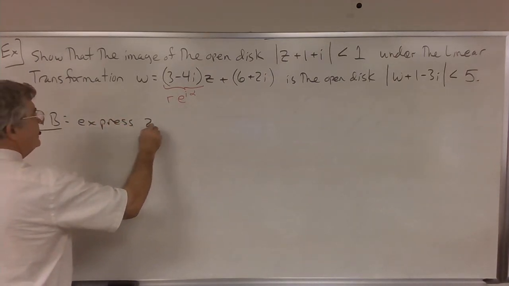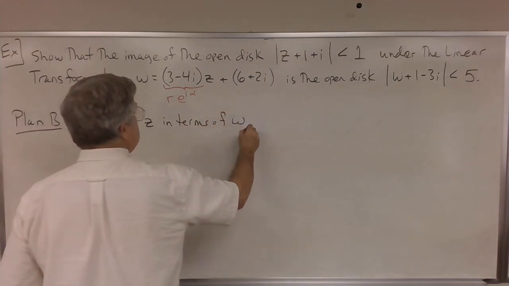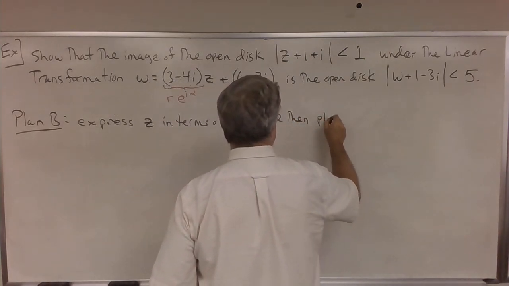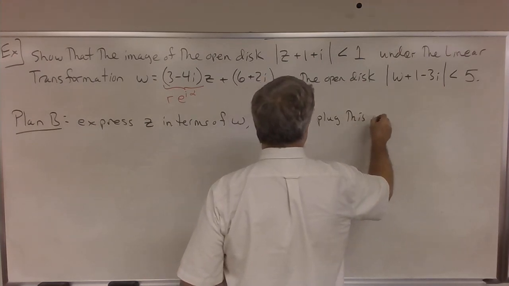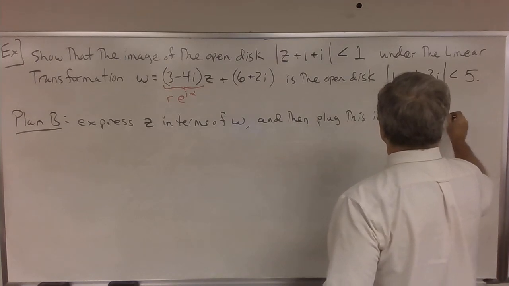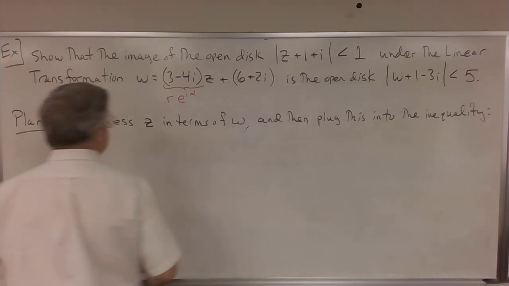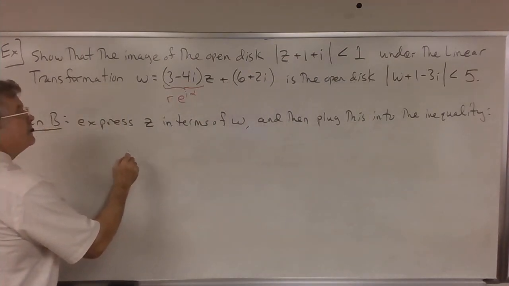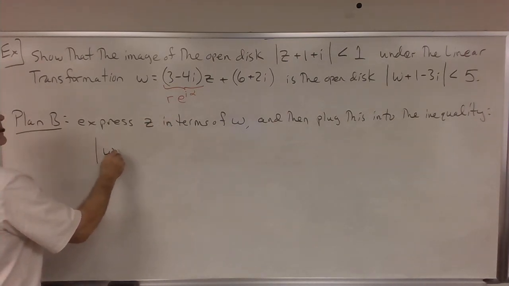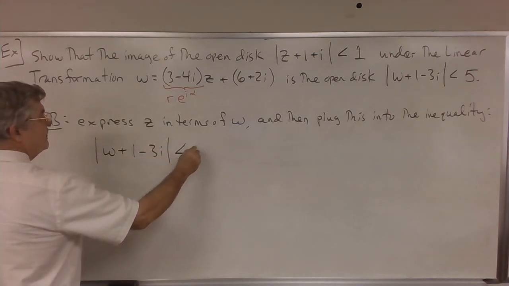I'll express z in terms of w. And then I'll plug it in to the inequality |w + 1 - 3i| < 5.